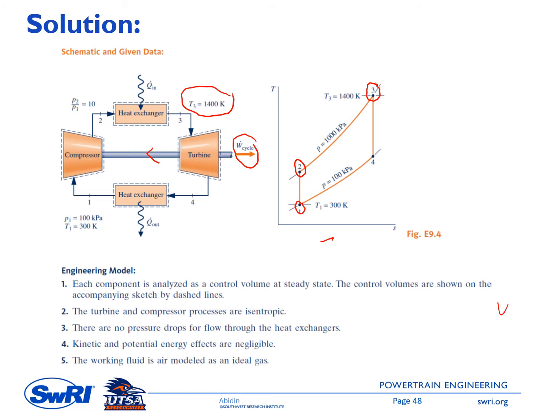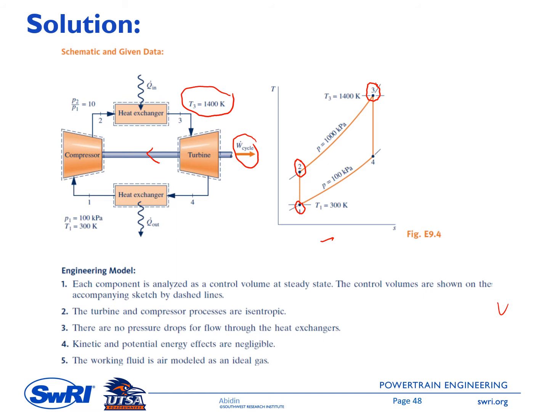And this is the engineering model. I need to mention that it is very important to include this engineering model or assumptions when you are solving a problem in Thermodynamics 2, because without assumptions or an engineering model, the formula or equation that you put there is not valid.